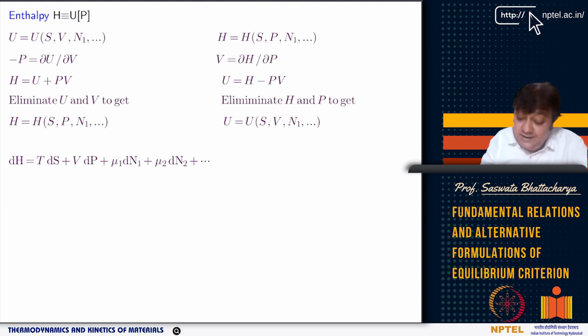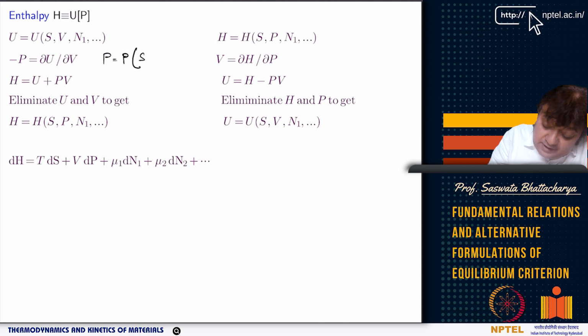Now again, if you do u as a function of s, v, and you want to minimize, again you require the relation of p. If you had done it directly with u, or minimization of energy, then p as a function of s, v, n1 was required.